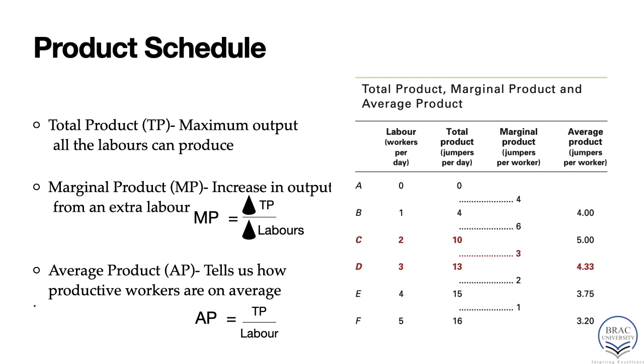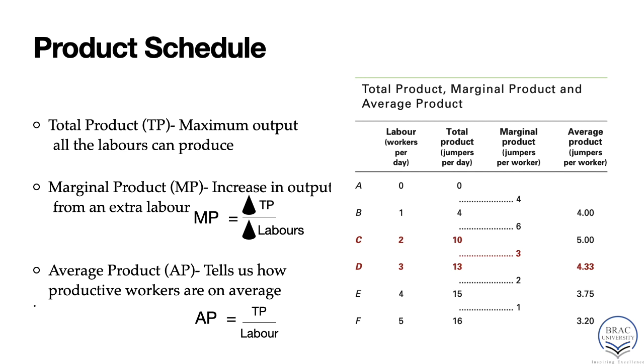Then it shows marginal product, which is the increase in output from just one extra unit of labor. And also it shows average product, which is simply the product or output per laborer. And in the exam, we might ask you to calculate all this.